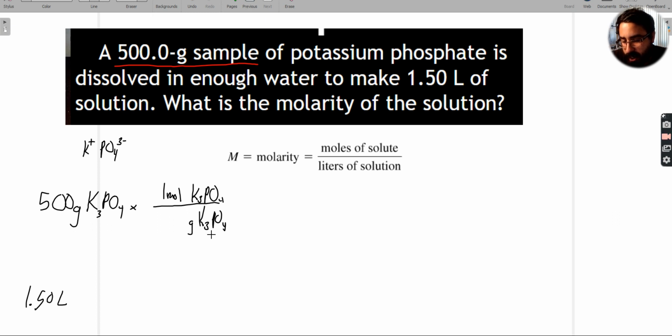So let's check this out. I want to make sure I have the correct molar mass. 212.27. Yours might be a little bit off. I'm using Google's molar mass, okay? You calculate your own. So grams divided by grams cancel, and we're left with moles of K3PO4.